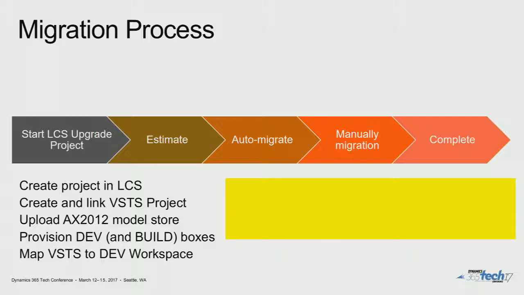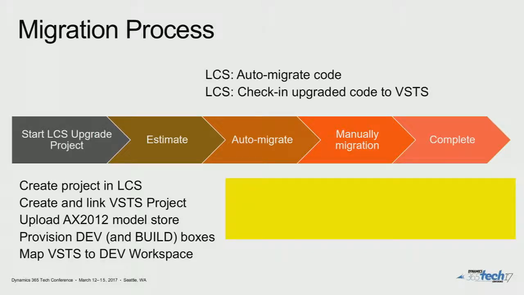Then you take your model store file, you zip it, and you upload it to this LCS project code upgrade tool. After we run this tool, we're going to auto-upgrade most of the objects from 2009 to Dynamics 365 for operations. And also we're going to check in all the upgraded objects into Visual Studio Team Services.